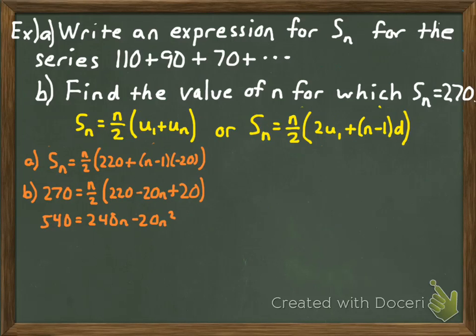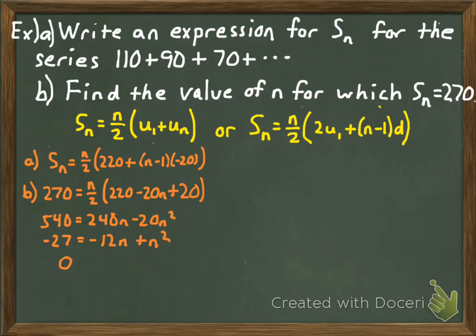Notice we've got a quadratic equation. And to make this a little bit easier to solve, since all of these terms are divisible by negative 20, let's go ahead and divide by negative 20. That will give me negative 27 equals negative 12n plus n squared.